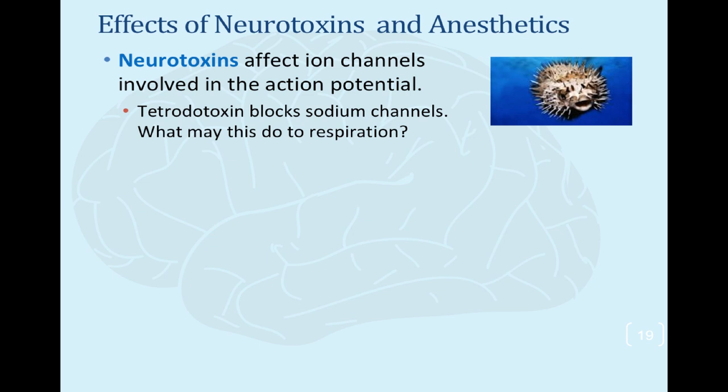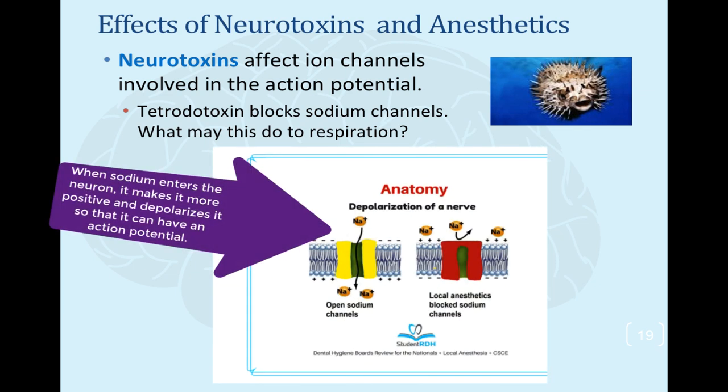Now, there are interesting effects of neurotoxins and anesthetics that influence the action potential. They affect ion channels involved in the action potential, and an example is one that comes from this guy here, the pufferfish. So tetrodotoxin is a toxin that blocks sodium channels. What might that do to respiration? If we can think of the sodium channels as being necessary, they have to open for the sodium to come in, trigger an action potential.